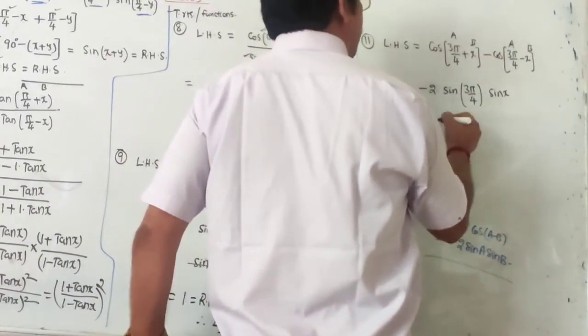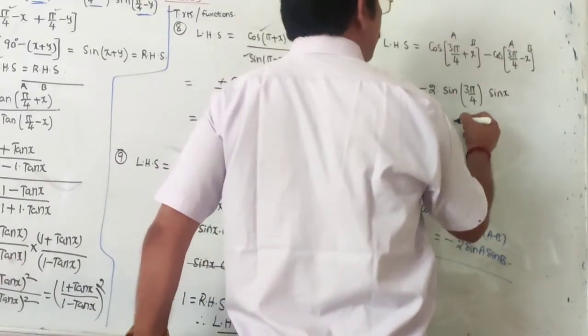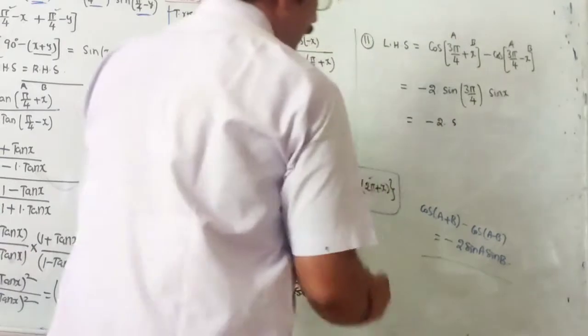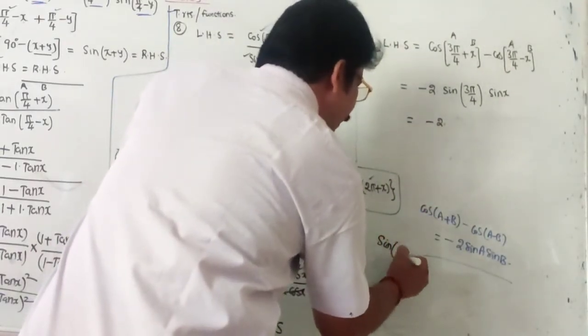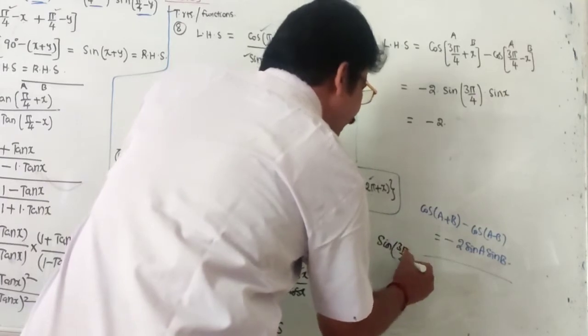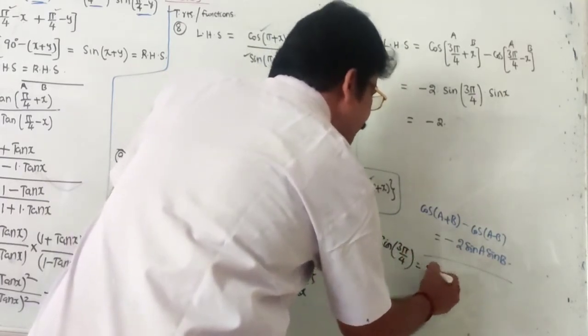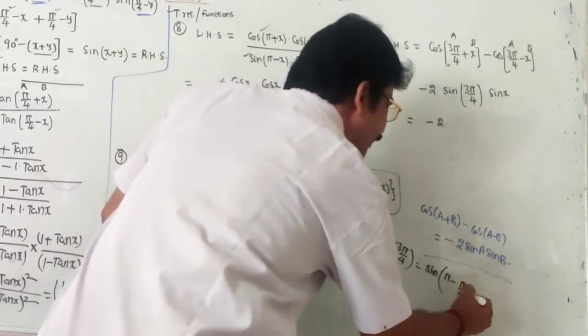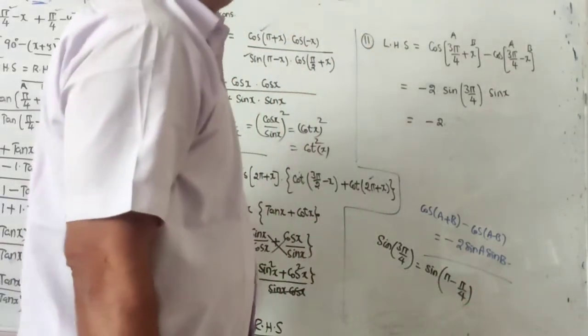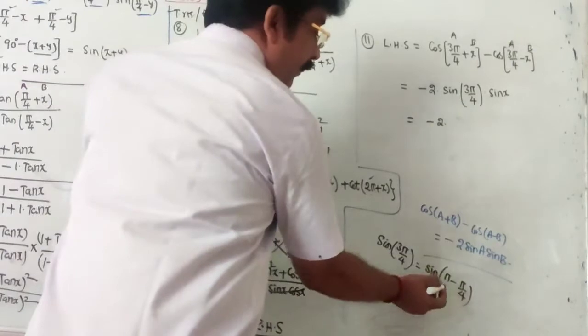So that is equal to minus 2 into, rough work, sin of 3 pi by 4 can be sin of pi minus pi by 4. We can write like that. How?